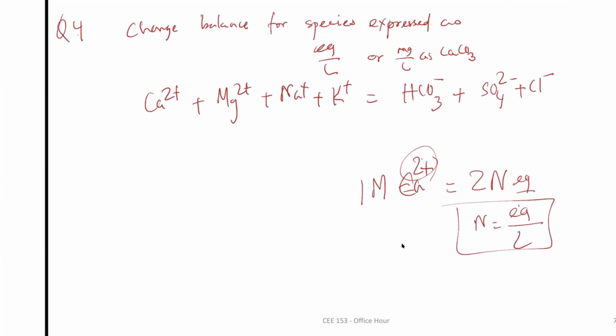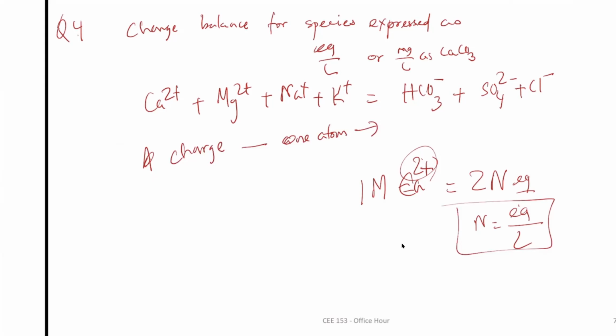So you cannot use milligram per liter in any question related to charge, because if you think of 1 mole, what does charge mean? Charge is associated with one atom, right? And one atom's weight is different for different ions or species.